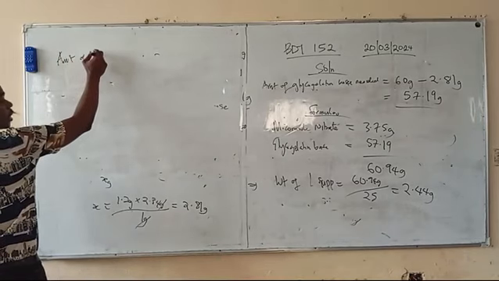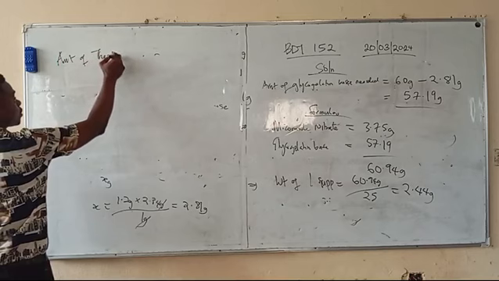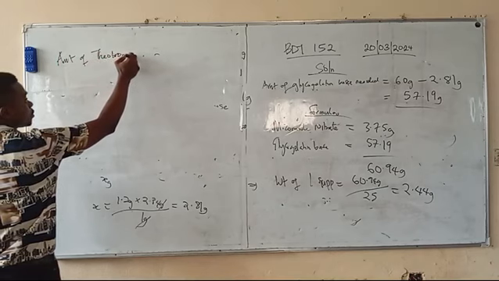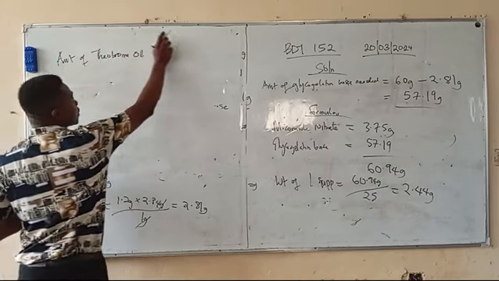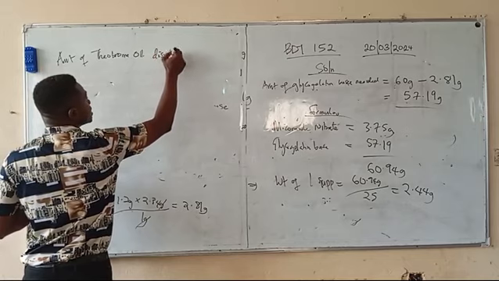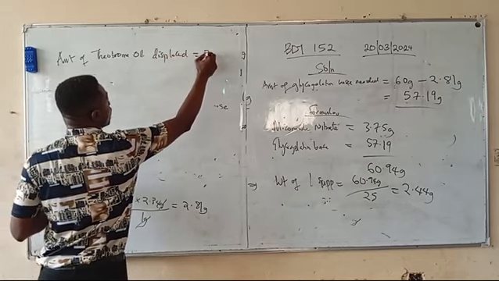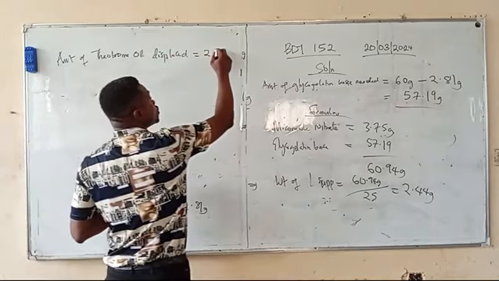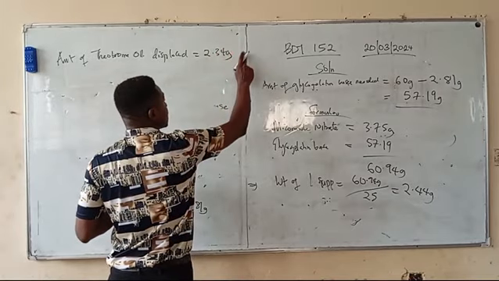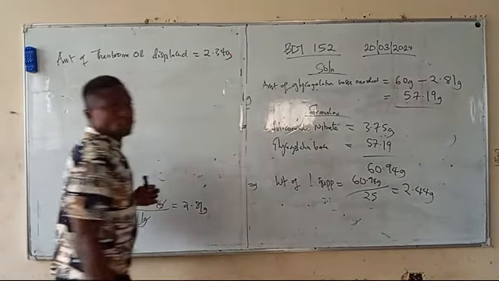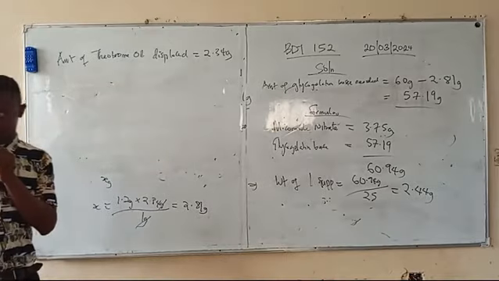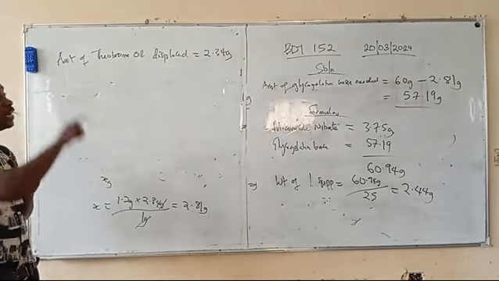Amount of theobroma oil displaced is what? 2.34 gram.